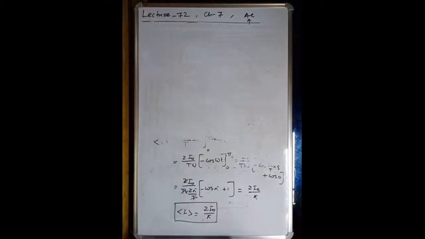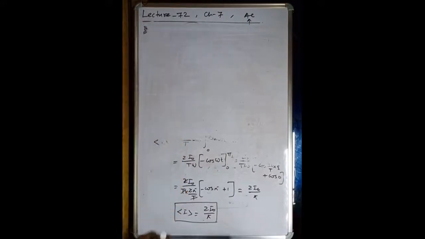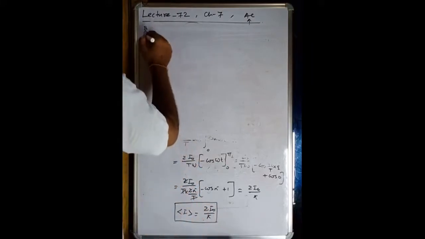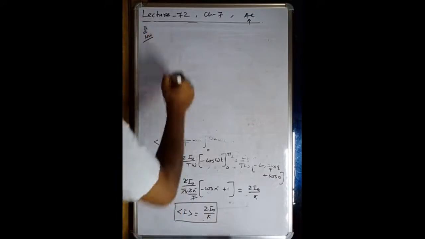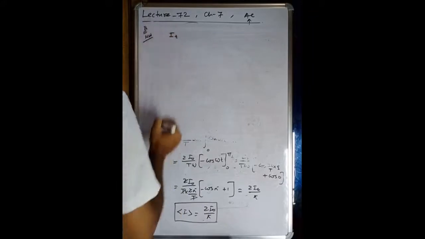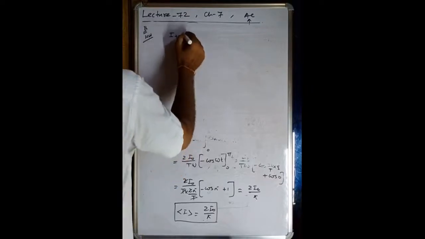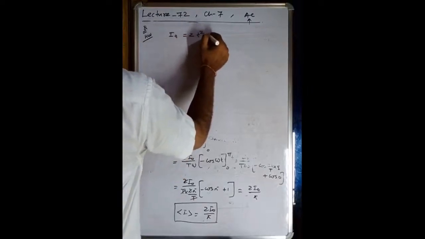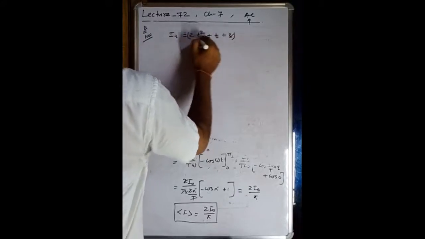You need to prove it. My dear students, suppose I give you the instantaneous current as a function of time, then could you find the average value? Yes, you can find it. So this will be your homework. I am giving you current as a function of time: I equals 2t square plus t plus 3 ampere.